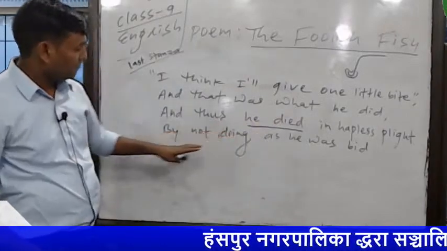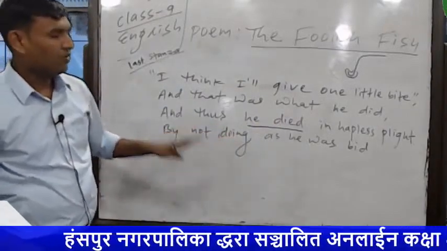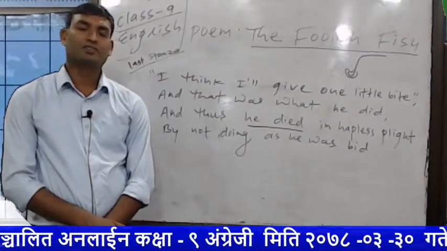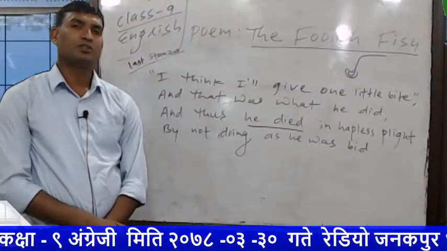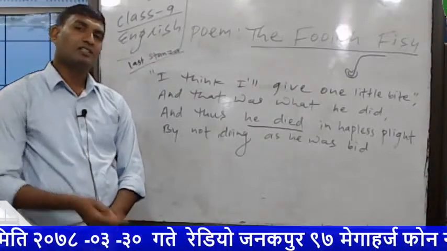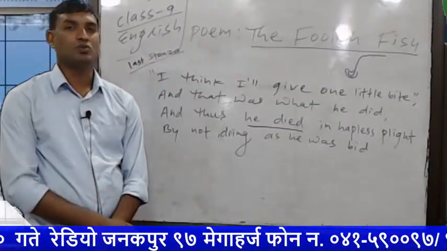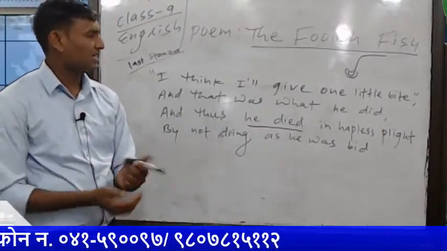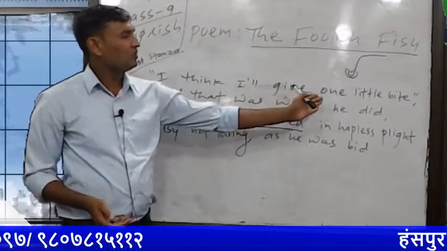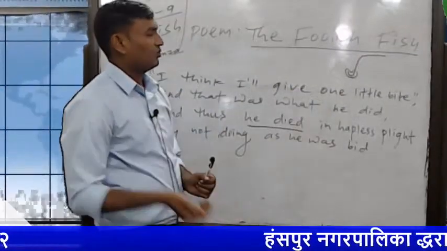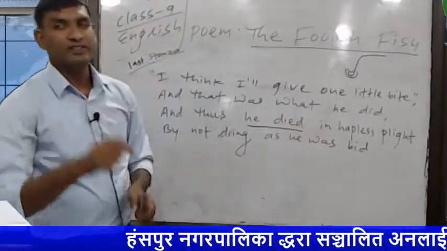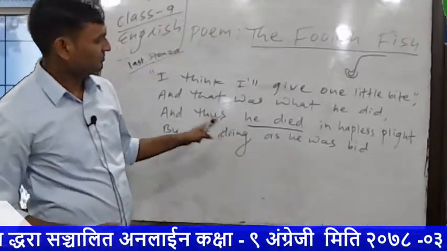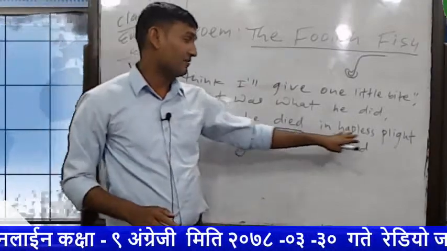He died. Why? Because his mother told him not to take a bite. Inside the worm there is a hook. So at last he ventured out and decided, I will give one little bite, and when he bites the worm, he dies in helpless plight.